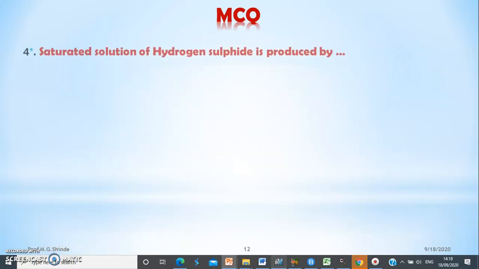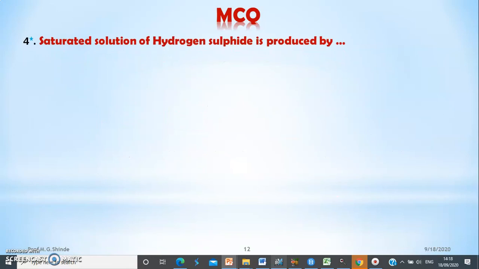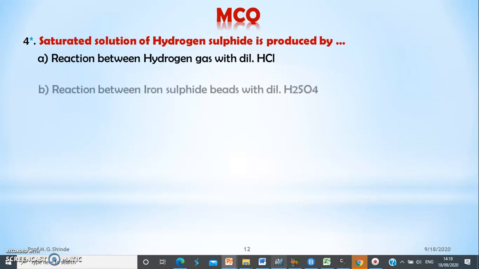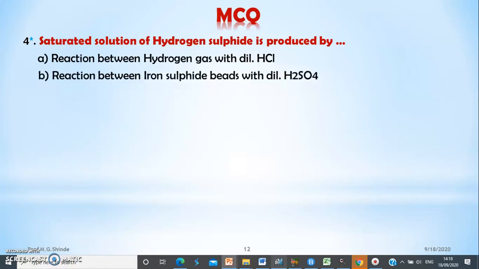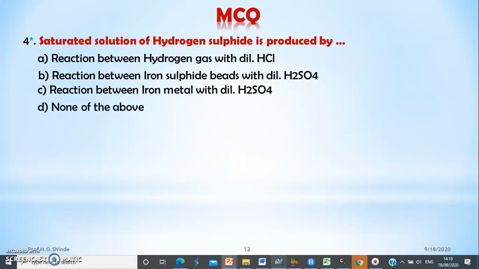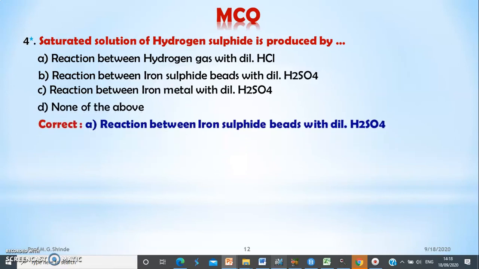Next MCQ: a saturated solution of hydrogen sulfide is produced by which reaction? First, hydrogen gas with dilute hydrochloric acid; second, iron sulfide beads with dilute H2SO4; C, iron metal with dilute sulfuric acid; D, none of the above. The correct option is the reaction between iron sulfide beads with dilute H2SO4.